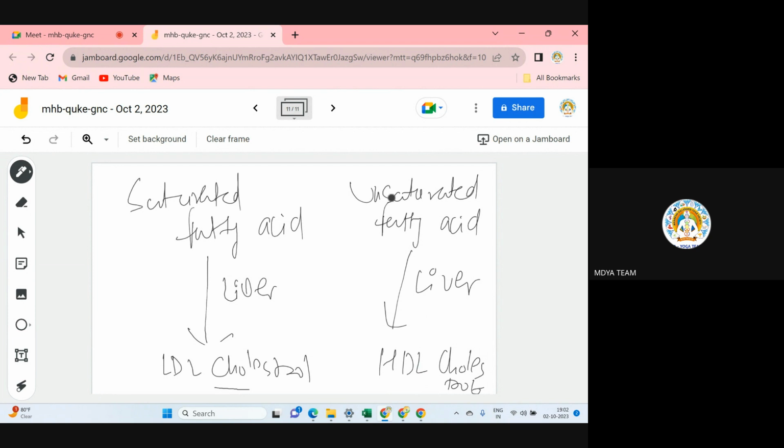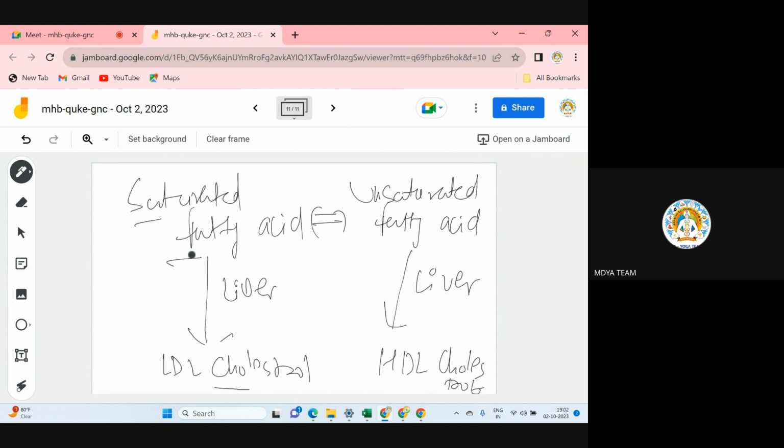So this is the benefit of having unsaturated fatty acid. This is the benefit of having plant-based oil, and that's why even though non-veg meat is a complete source of protein, it is not recommended, because of the presence of saturated fatty acid, it slowly starts blocking our arteries.